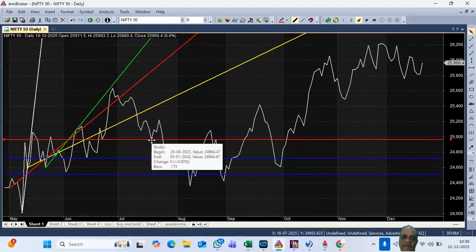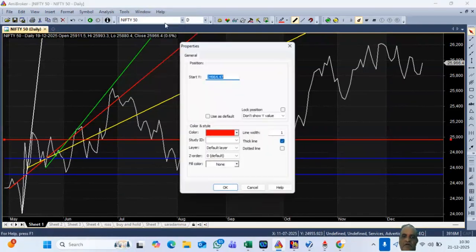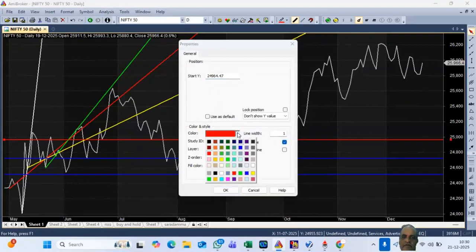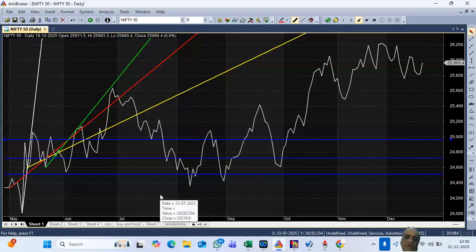Now you can see it acted as a support area, and approximately at this level, it acted as a resistance also. Price has come down.